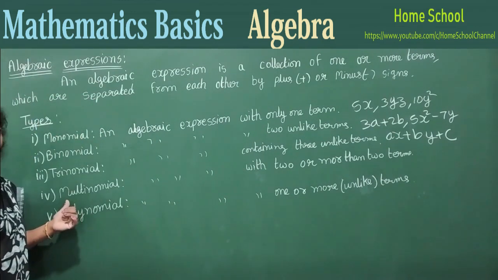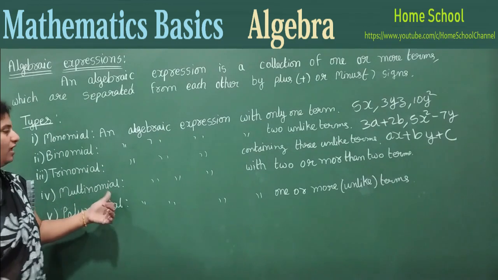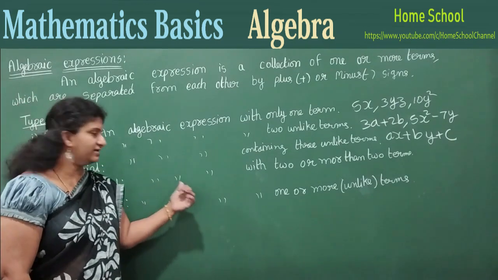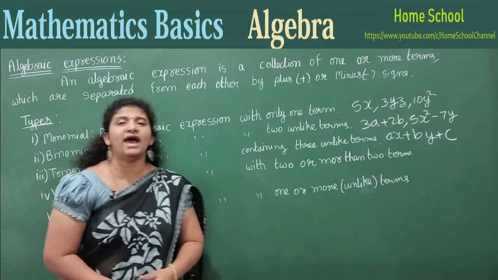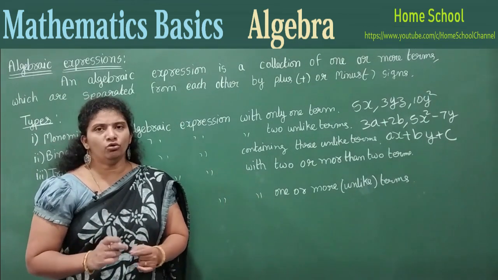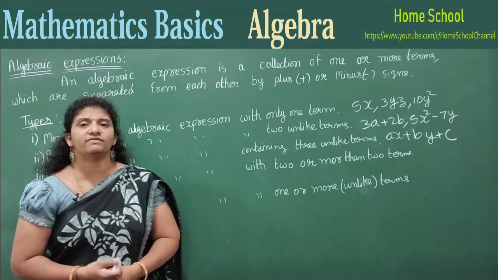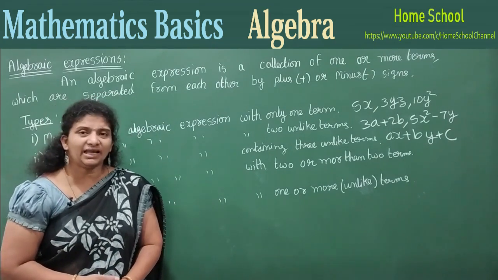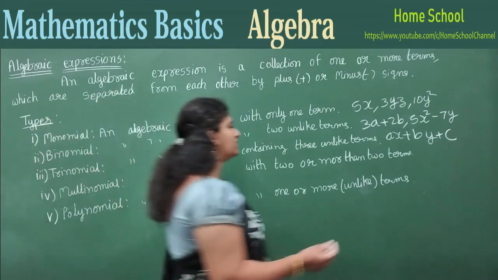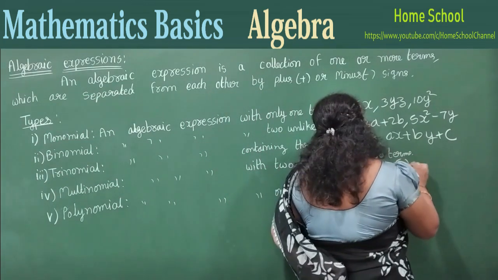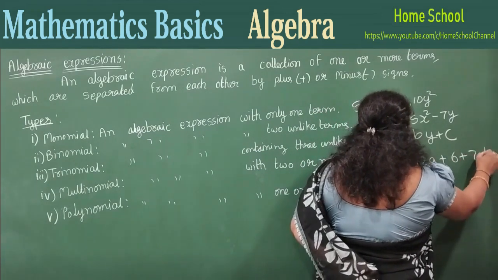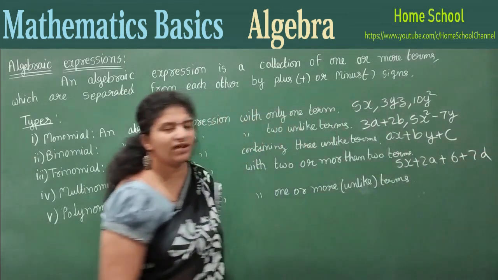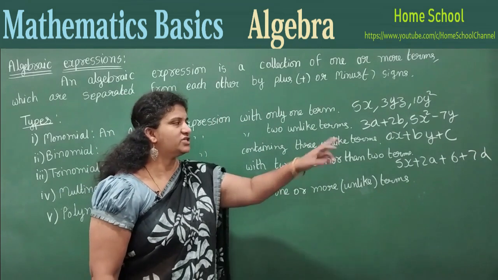More than three, multinomial. Multinomial is an algebraic expression with two or more than two terms. Suppose let me take here 5x plus 2a plus 6 plus 7d. So how many terms do you have there?